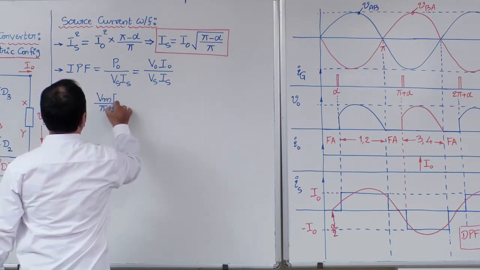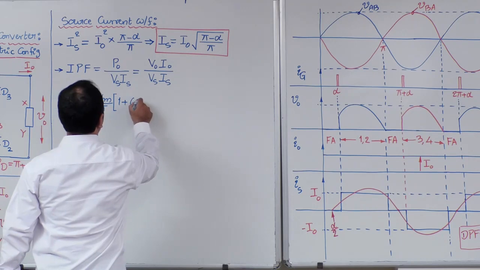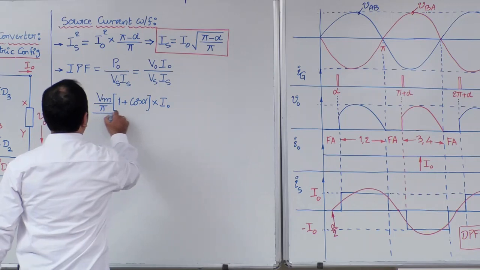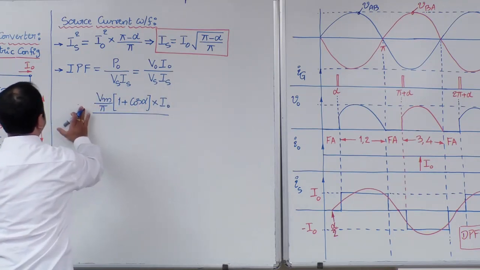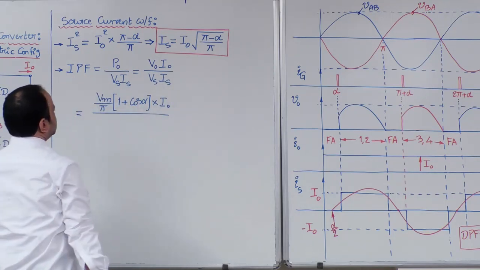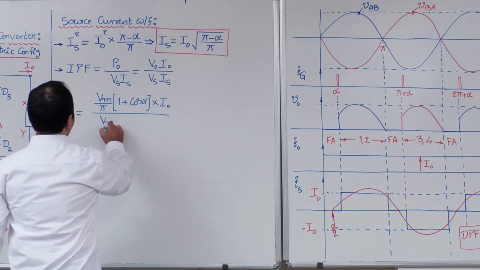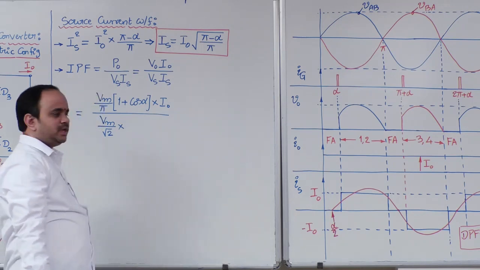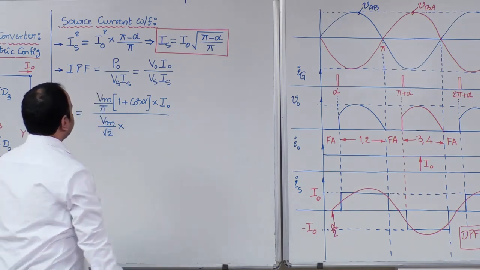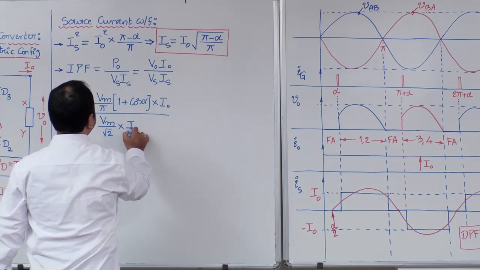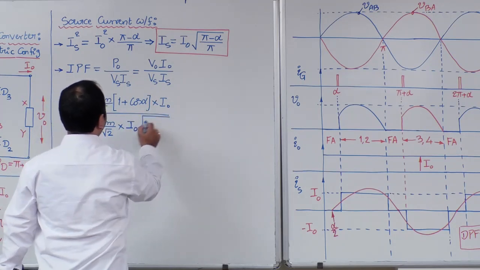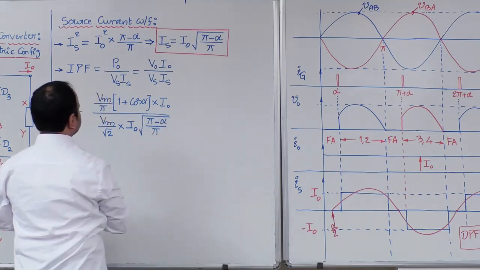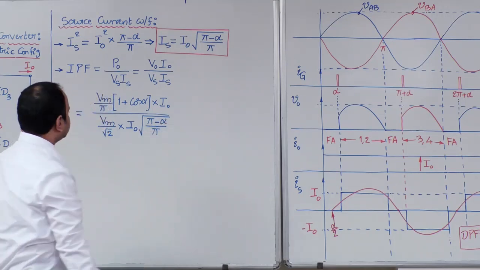Vm by pi multiplied with 1 plus cos alpha multiplied with I0 here. Okay, multiplied with I0. Denominator Vs can be written as Vm divided by root 2, multiplied with what we just derived, I0 into root of (pi minus alpha) divided by pi.